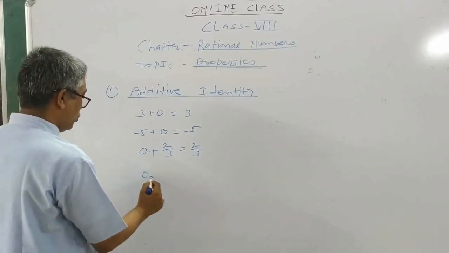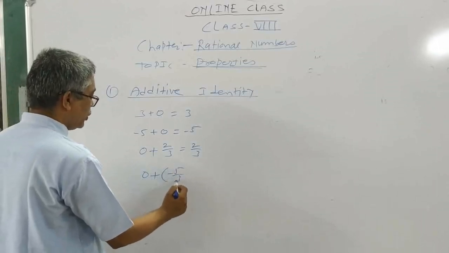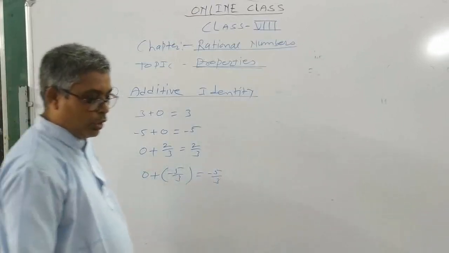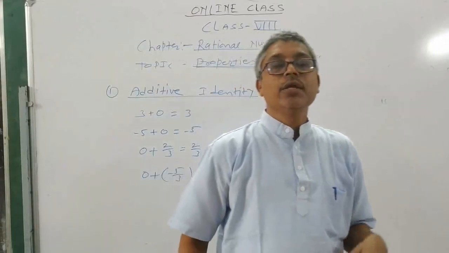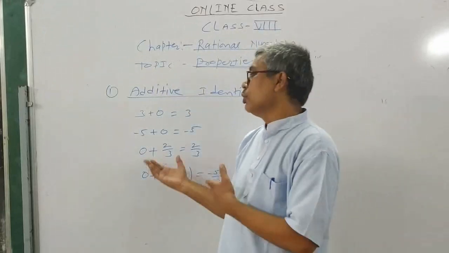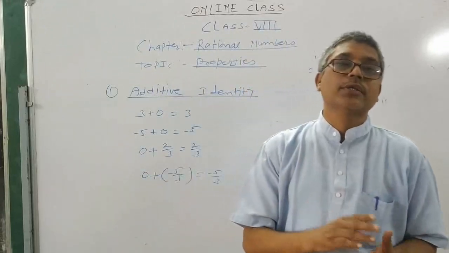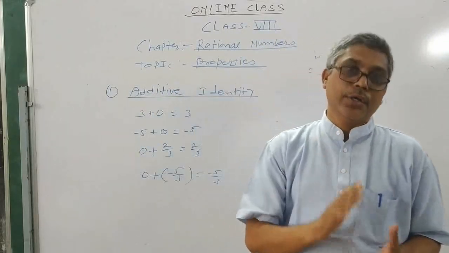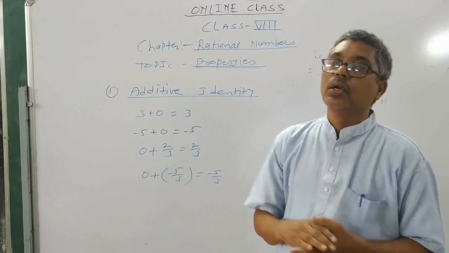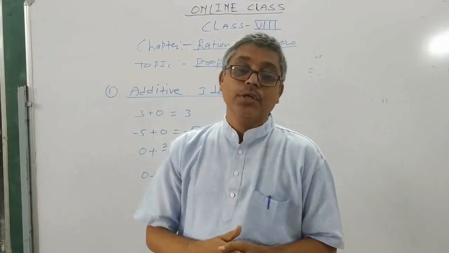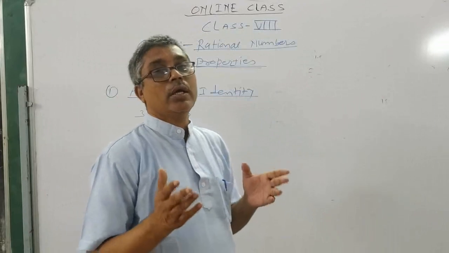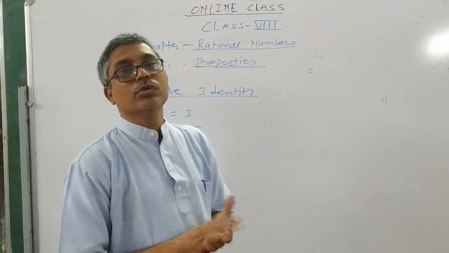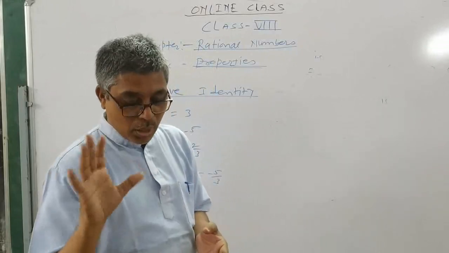If 0 plus minus 5 by 3, we get minus 5 by 3. So, if we add any rational number with 0, we get the same rational number. So 0 is called the additive identity, because if we add any number with 0, we get the same number.